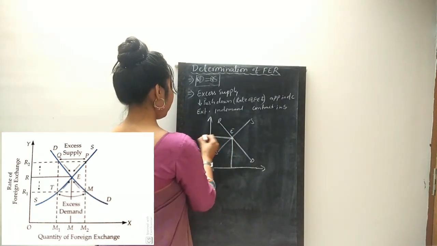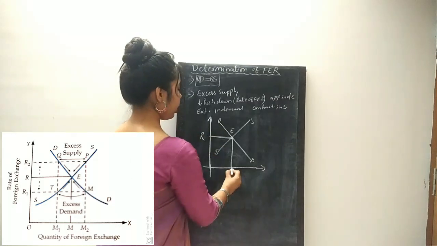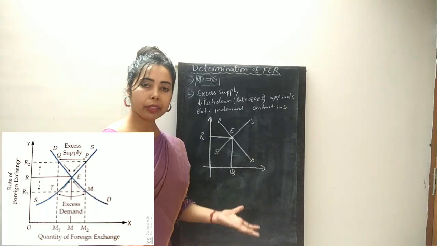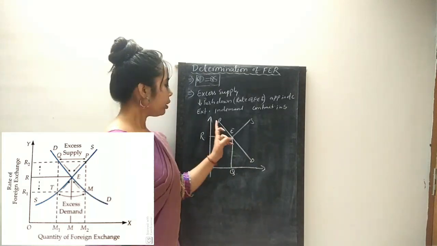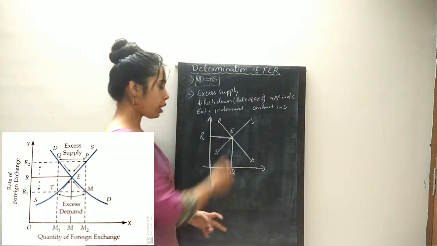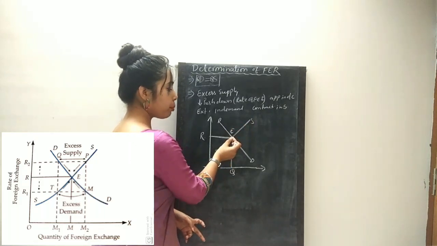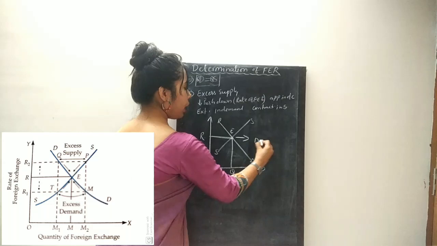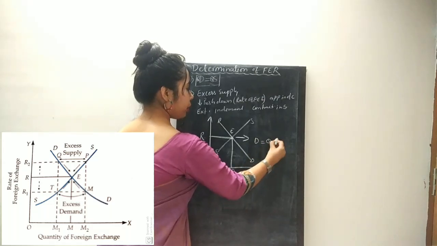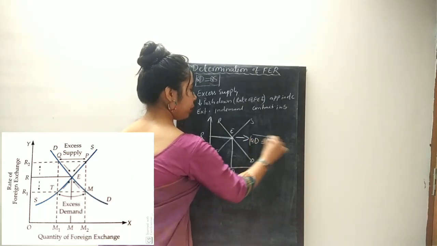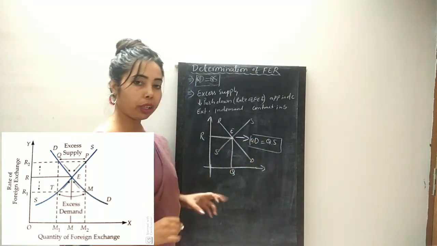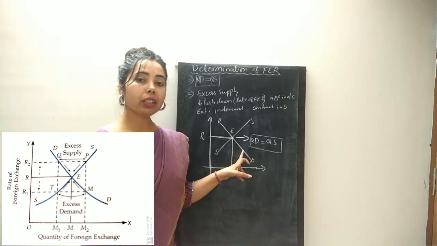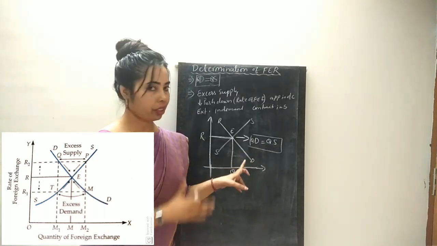This rate will be known as the equilibrium rate, where the demand for foreign exchange and the supply for foreign exchange become equal. At this point, quantity supplied and quantity demanded are both equal. So this point will be known as the at par point or equilibrium rate of foreign exchange.